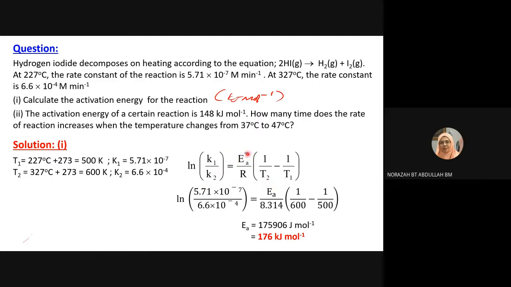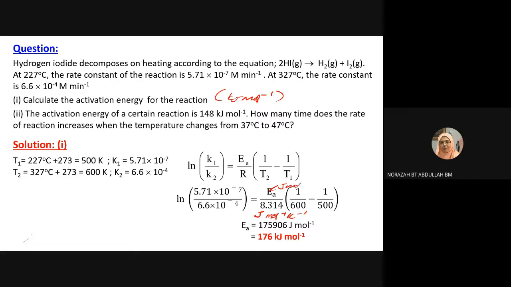Jadi EA diberi tu dalam kilojoule, untuk masukkan dalam formula ni mesti tukarkan kepada joule. Sebab di sini R-nya adalah joule per mole per Kelvin. Nilai R di situ. Ya. Jadi EA ni mesti dalam joule lah.